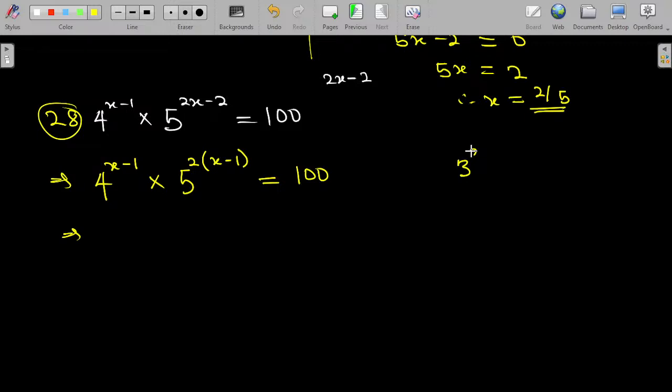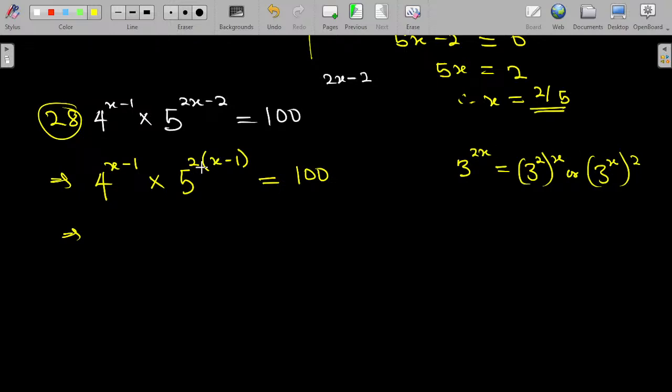So you can split this into 3 raised to power 2, all in power x, or you can write it as 3 raised to power x, all to power 2, depending on what you want. Because if you remove this bracket, 2 times x will give you 2x. If you remove this one, x times 2 will still give you 2x. So depending on what you want.